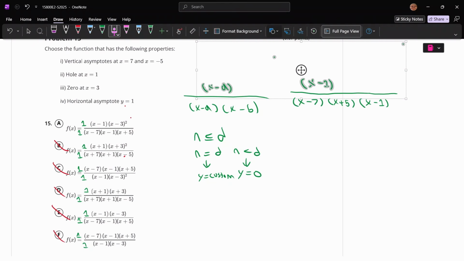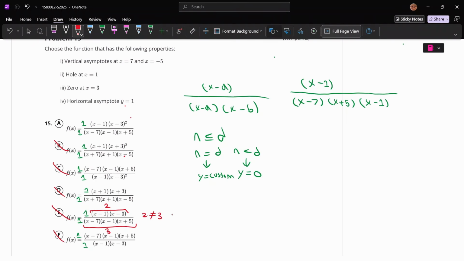If you add these together, the total power of the numerator is going to be 3. But you can also see down here in the denominator, it's also 3, because we have a 1 here, 1 here, 1 here. 1 plus 1 plus 1 is 3. But in E, we only have 2 terms in the numerator, so the overall power of the numerator is going to be 2. But we want 3 because down here it's 3. So 2 doesn't equal 3.